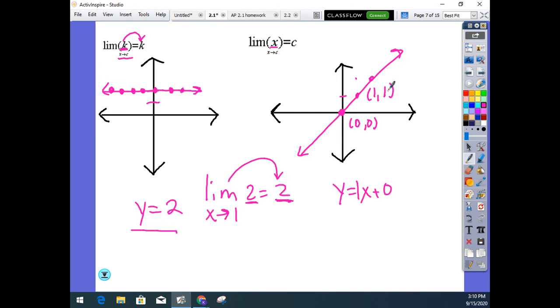This point, 1, 1. This point, 2, 2. This says if this is x, whatever the number is approaching, I plug this in for x, and my limit is c. We call this substitution. I'm going to plug this number in for my x, and that's going to be my y value every single time.